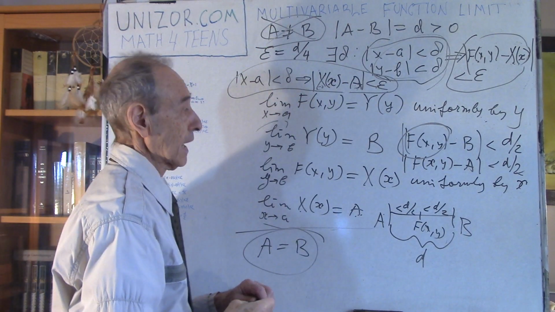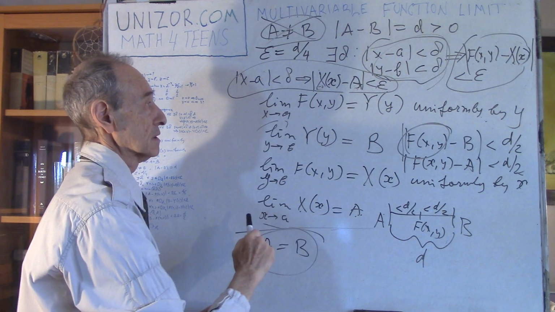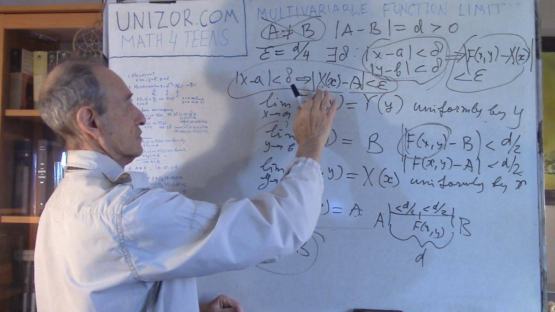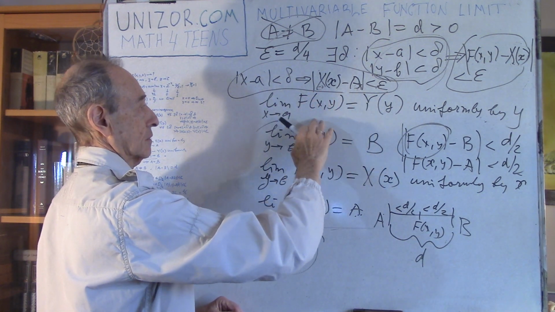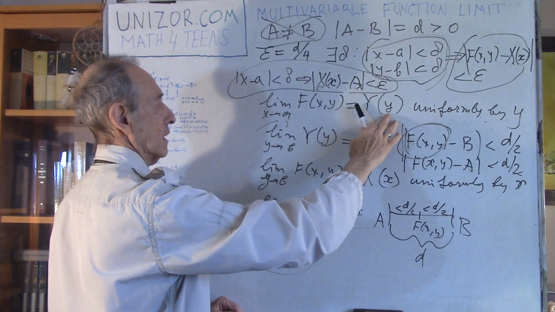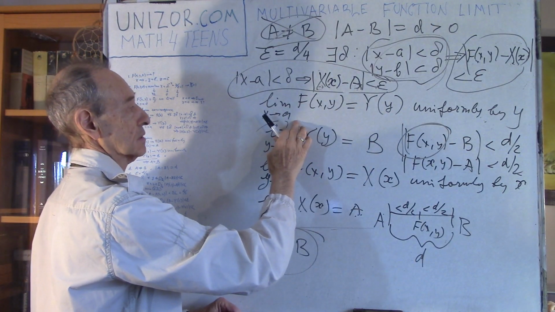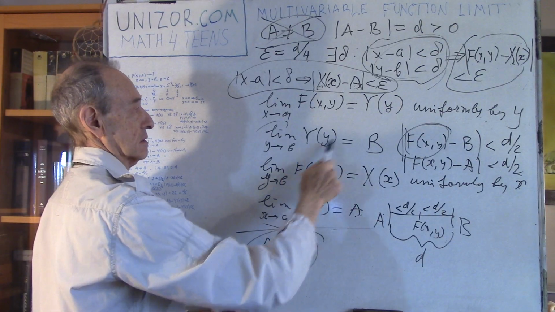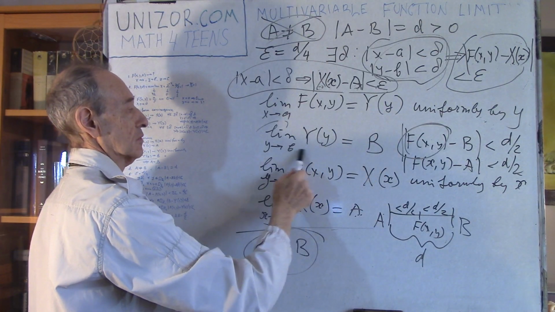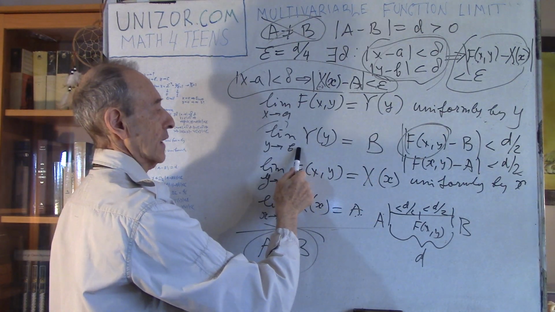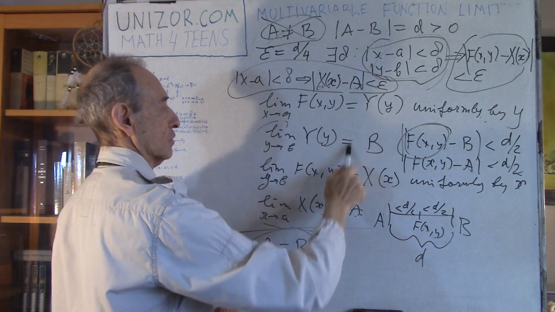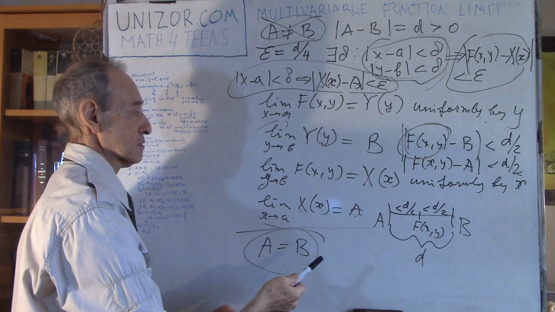Which means no matter how we calculate the limit, for example, first we do not touch y and go by x to a limit, and then with the resulting function, we choose y going to its limit, that would be the value. Or we will do vice versa.